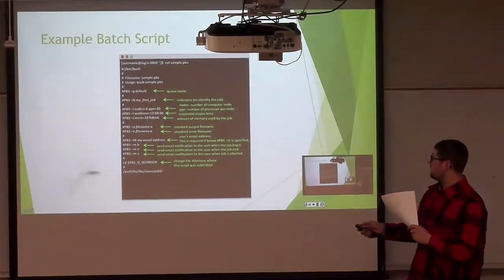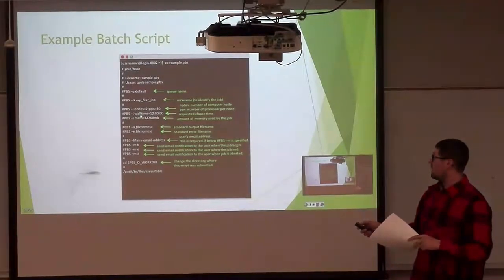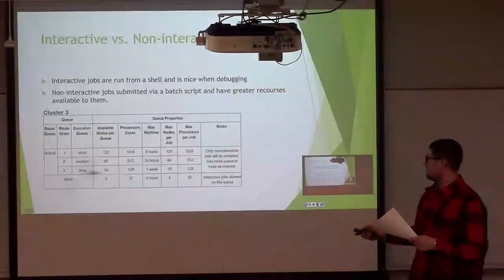Queue name. Nodes. Wall time will be like the physical, so like the clock. Imagine like a clock on a wall. So that'll be how much time you're willing to devote to this project, the amount of RAM you would like to have for this project. Inputs, outputs. Questions.